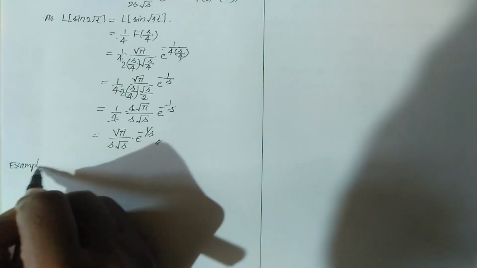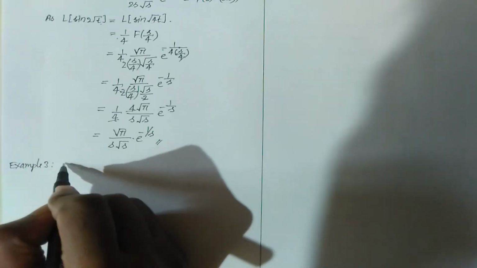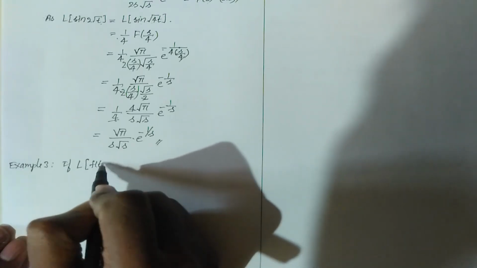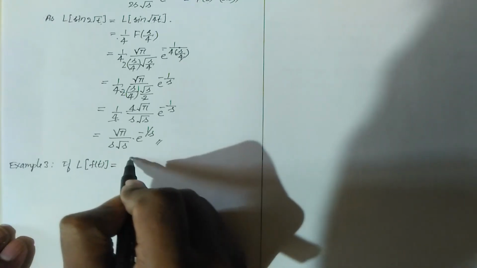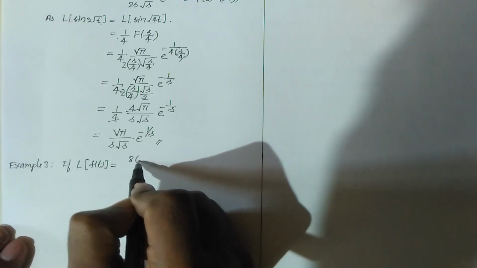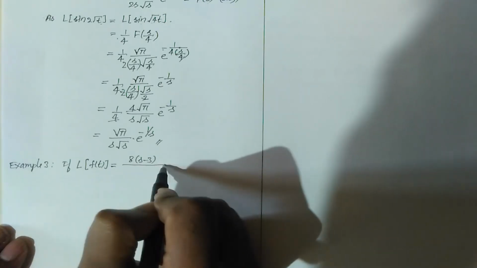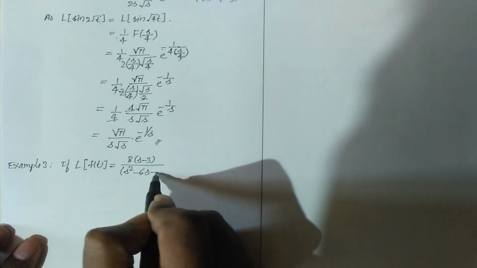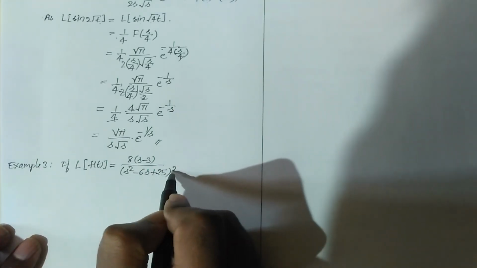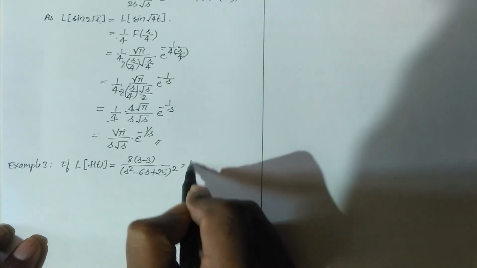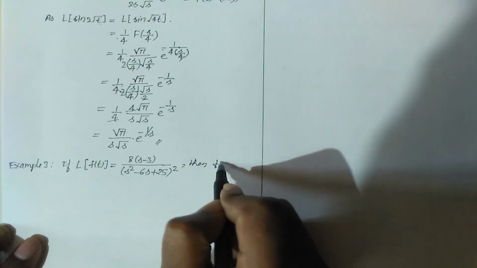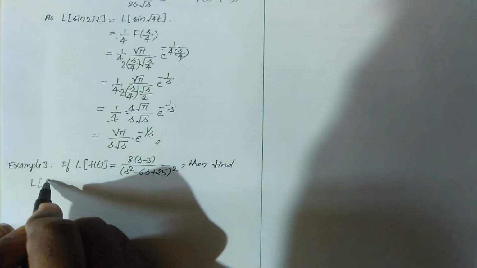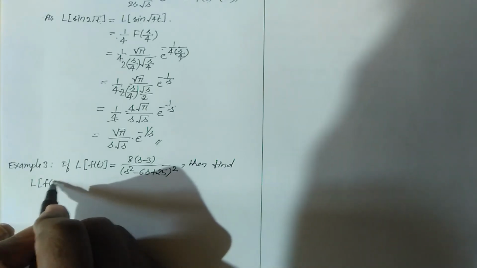Example 3. If the Laplace transform of the function f of t is equal to 8 into bracket s minus 3 divided by s square minus 6s plus 25 the whole square, then find the Laplace transform of the function f of 2t.